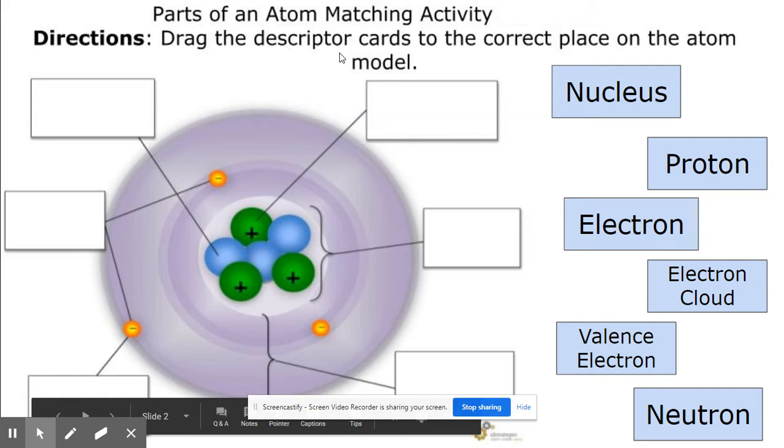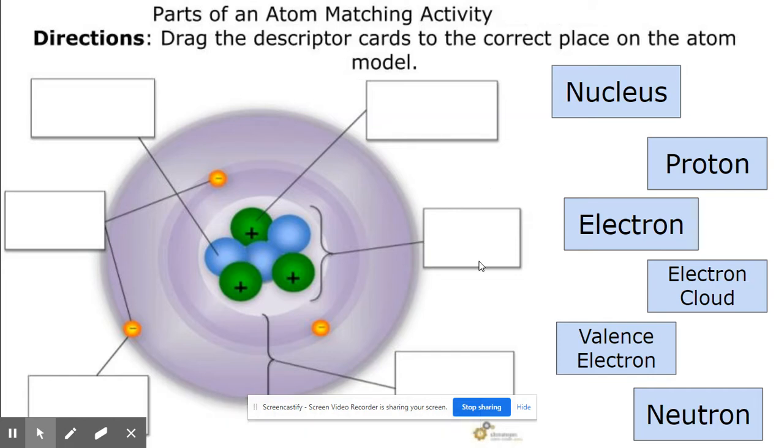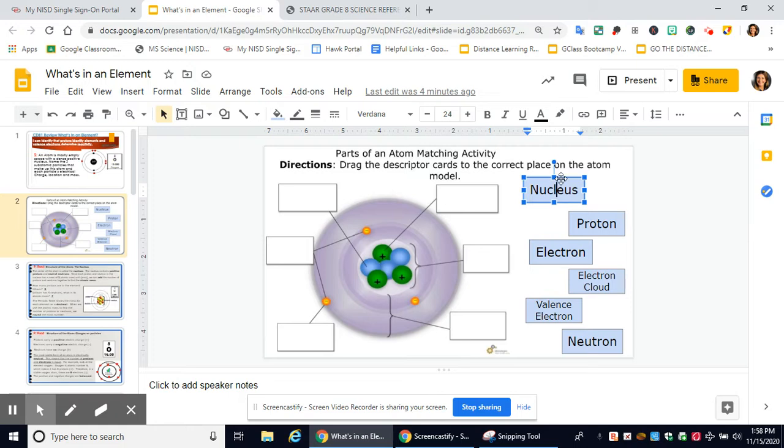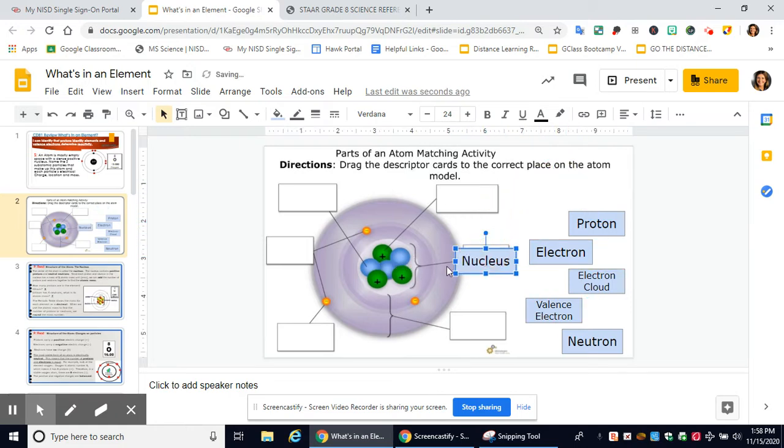Parts of an atom matching activity. We're going to drag and drop the descriptor cards to the correct place on an atom. So here inside the center of an atom, we understand that's the nucleus. So we can drag and drop that. That's what the bracket is pointing to here.